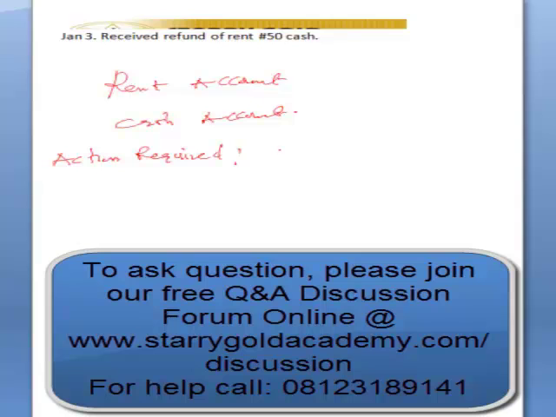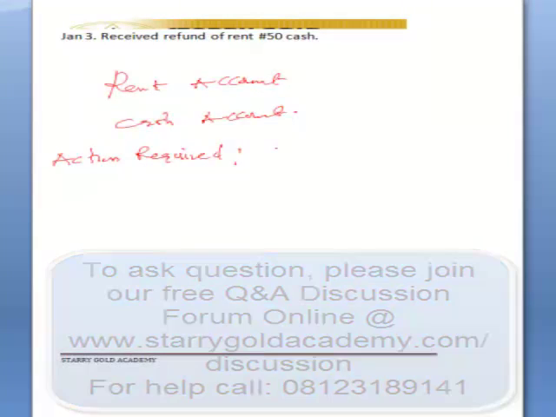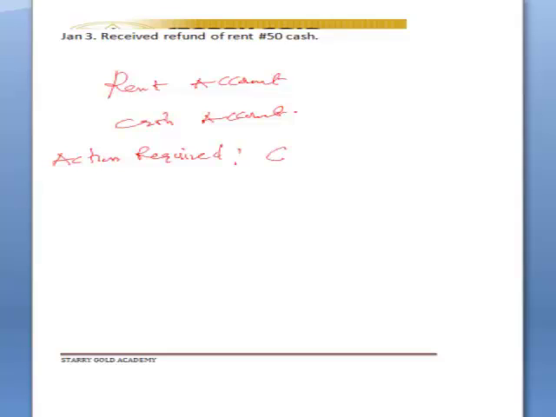So we shall credit the rent account, because there is a refund and the rent account is the giver in this case, and we shall debit the cash account, because the cash account is the receiver in this case.